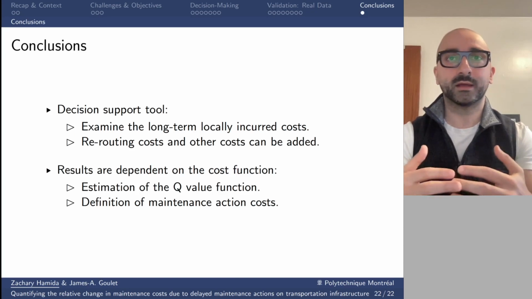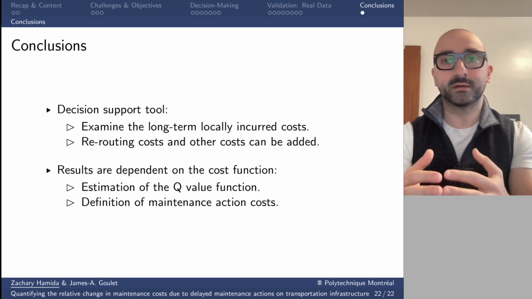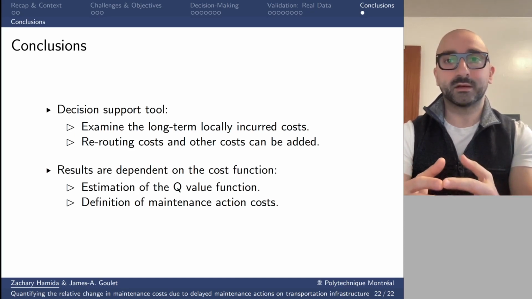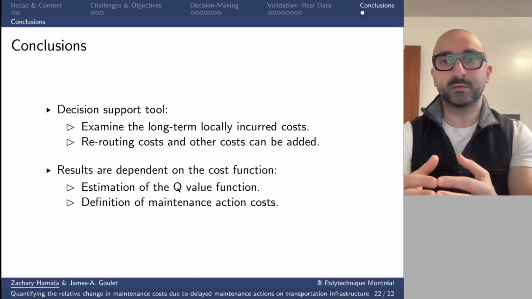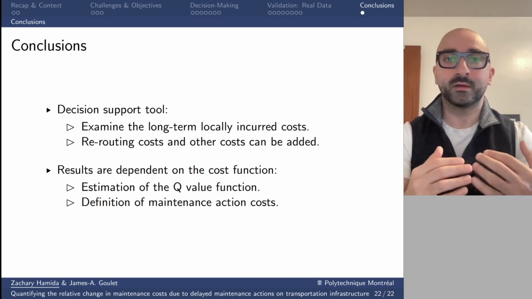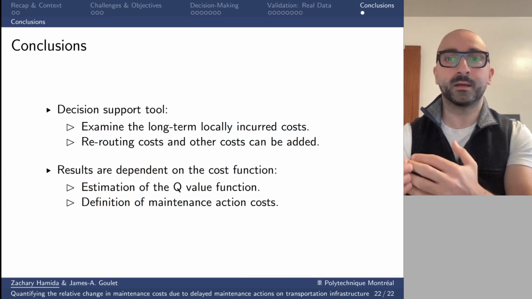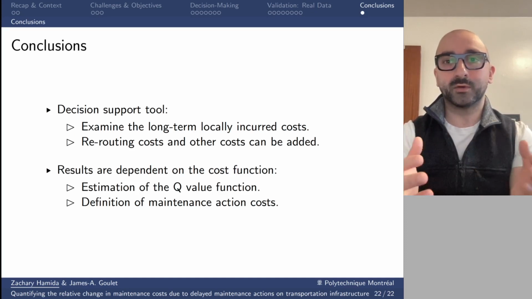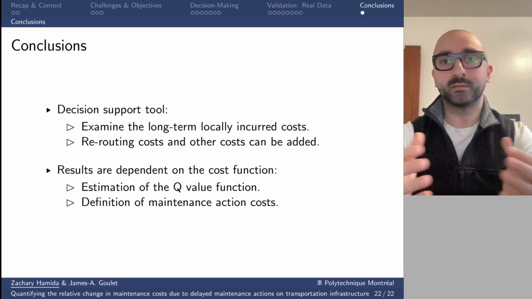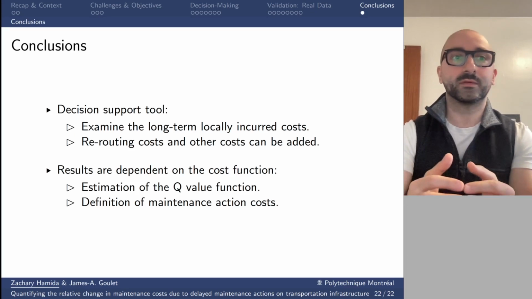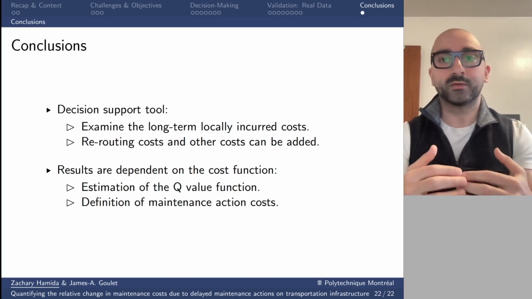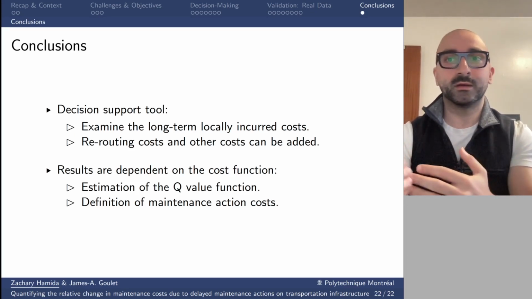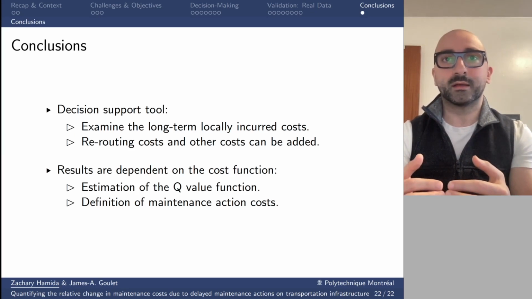Based on that, we can get relatively accurate results about the incurred costs resulting from deviating from the maintenance policy. So these are the main points of conclusion from this research work, and for further details, you can always have a look at the paper.